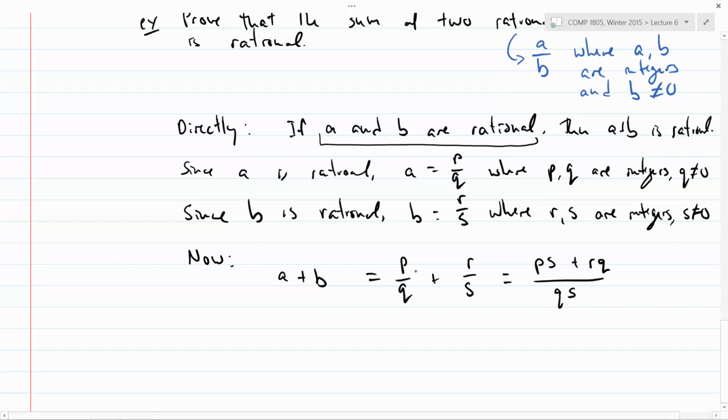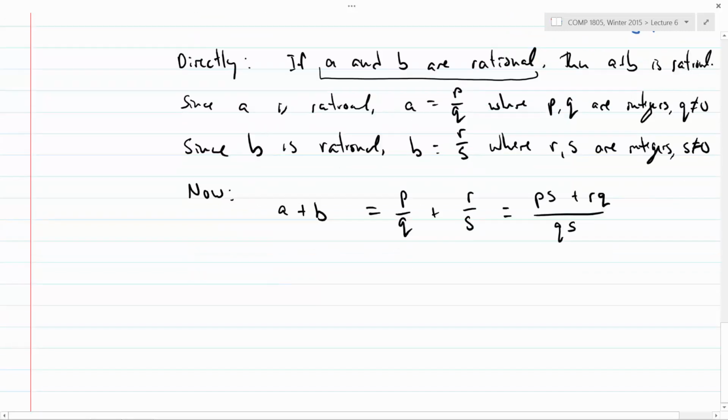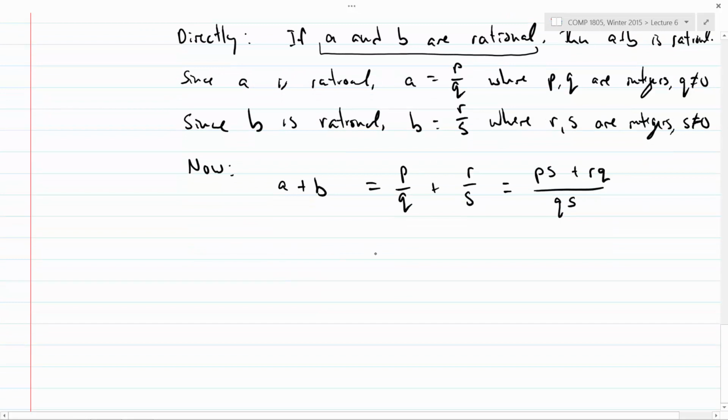So now we want to decide, is this a rational number? We ask ourselves, is it an integer on top? The top, PS plus RQ, is an integer, because an integer times an integer is an integer, and if you add two integers together, you get another integer. Similarly, QS is an integer.